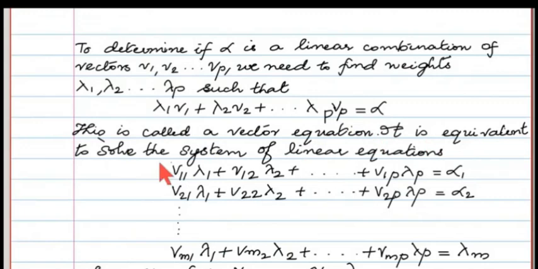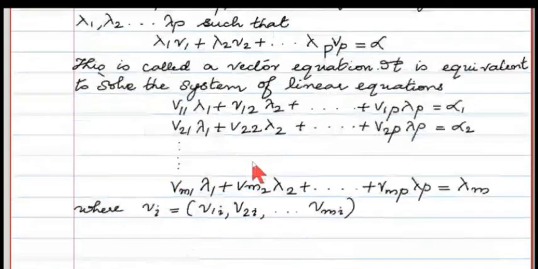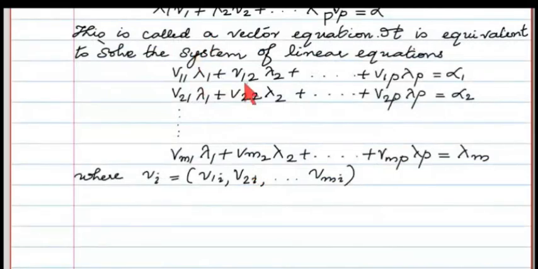It is equivalent to solving the system of linear equations: v11 lambda 1 plus v12 lambda 2 plus etc. plus v1p lambda p equal to alpha 1, v21 lambda 1 plus v22 lambda 2 plus etc. v2p lambda p equal to alpha 2, etc., vm1 lambda 1 plus vm2 lambda 2 plus etc. vmp lambda p equal to alpha m, where vi equal to (v1i, v2i, etc. vmi).